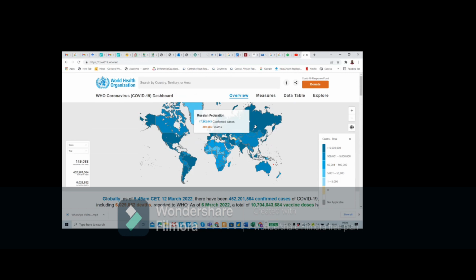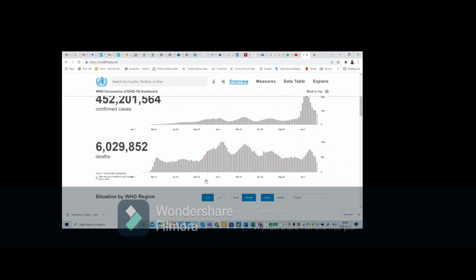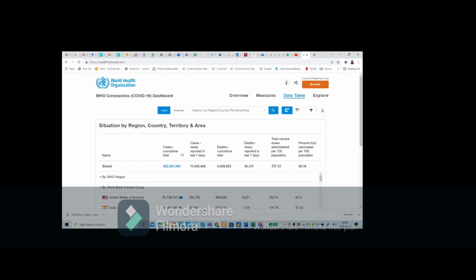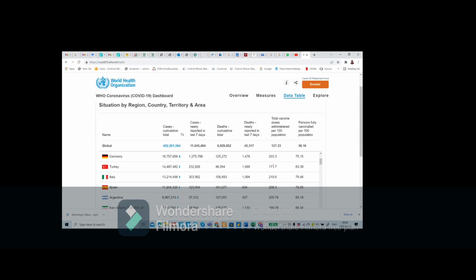These are the processed data, these are the graphs. If you want to see the table, the tables are here. Look at the table. It's a processed one. You are not the one that collected this data.